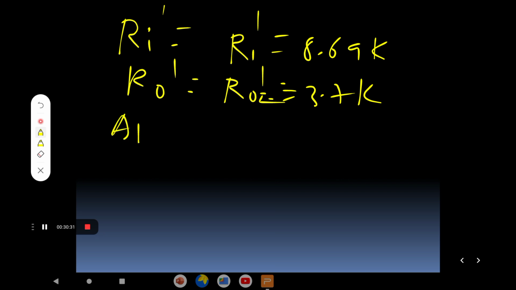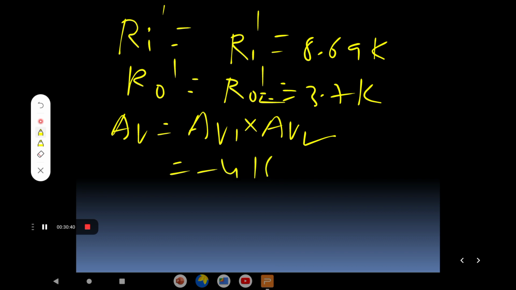At the same time, voltage gain, since it is a multi-stage amplifier, is AV1 into AV2, the product of those two. That is nothing but minus 4.18 into minus 55.5. Then you will get a value of something like 231.9.